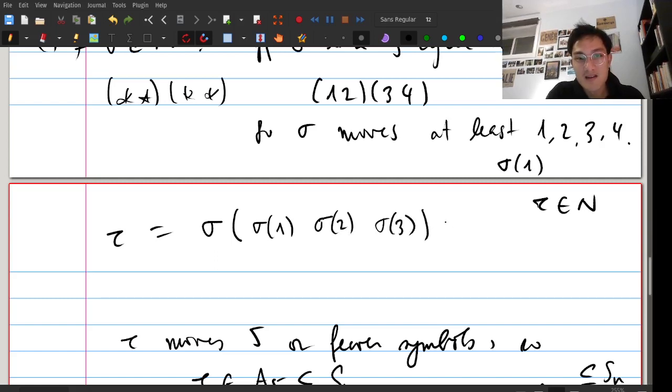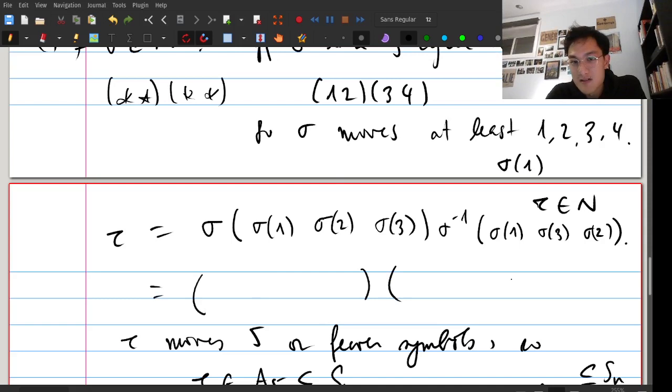And then sigma inverse, then sigma 1, sigma 3, sigma 2. This is a product of 2 3 cycles. Now the second one is just this, right? So sigma 1, sigma 2, sigma 3, sigma 2, and we just want to show that one of these numbers shows up here.